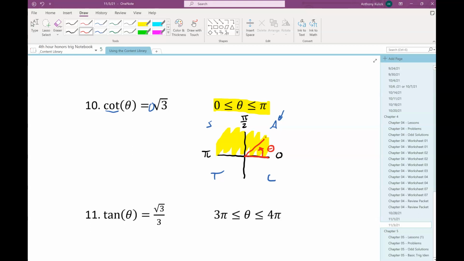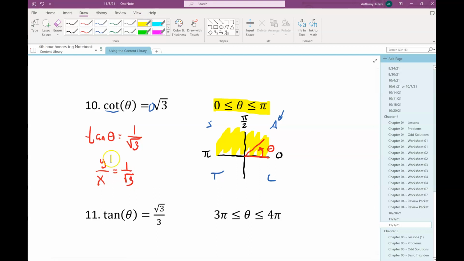Now remember that cotangent is the reciprocal of tangent. So I can say that tangent is equal to 1 over root 3. And I know on the unit circle, tangent is y over x.